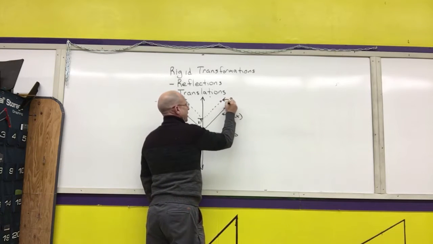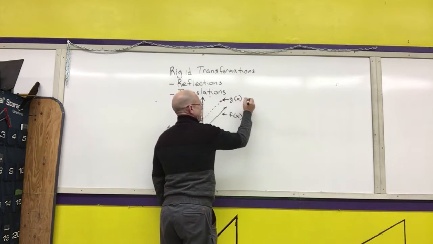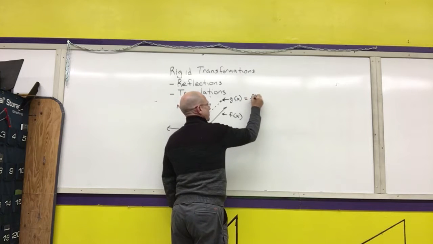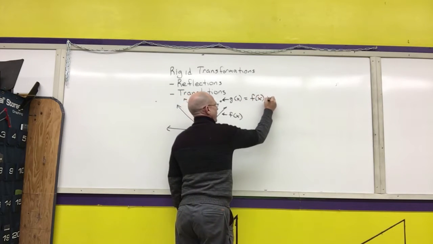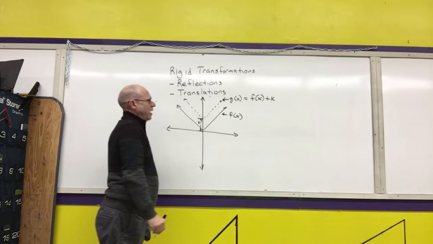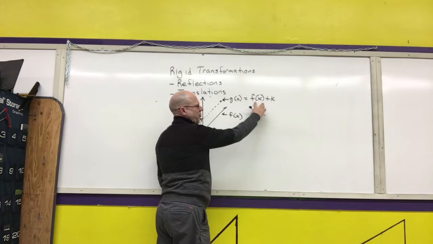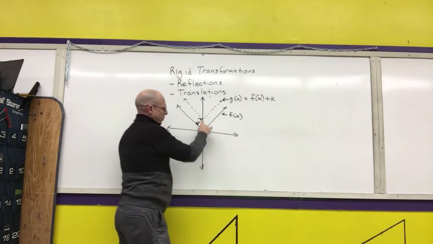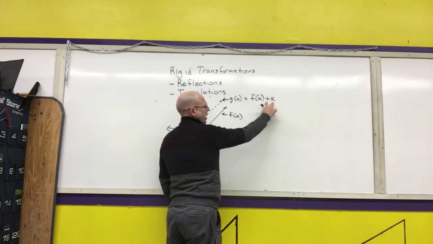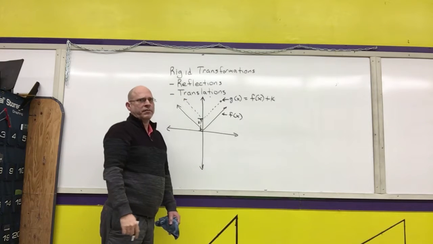So again, if this is g of x, that would equal my original absolute value function plus k. If I want to move a graph up, I add after performing the function rule. If I want to move a graph down, I would subtract after performing the function rule.